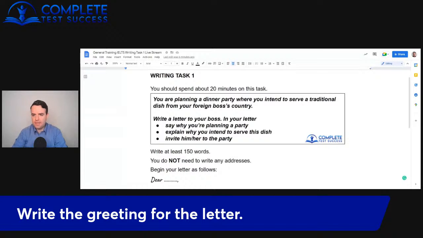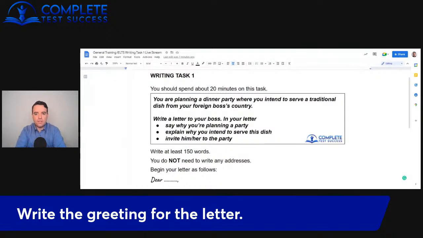So this tends to be what happens with the general training lessons, that I don't get much participation, and really the whole lesson is based on giving feedback. If you're doing academic IELTS, of course, this isn't a benefit to you. So can you just let me know, is there anybody here doing general training IELTS?